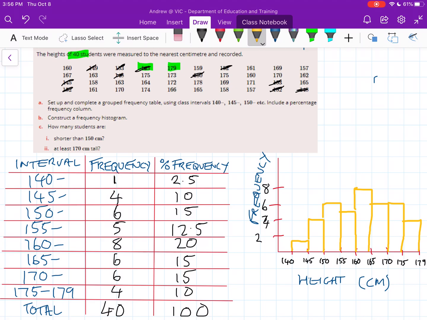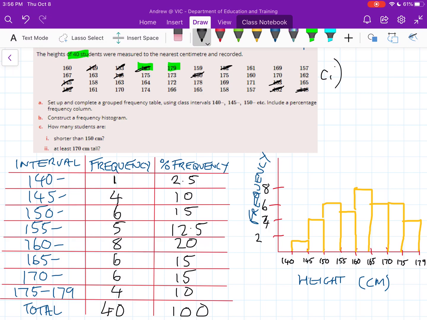So we'll answer these questions here, and I'll just do these up the top. So we've got C and then I. Here, our first one, how many students are shorter than 150 centimeters? Well, we go to 150, and you can use your histogram or your frequency table.